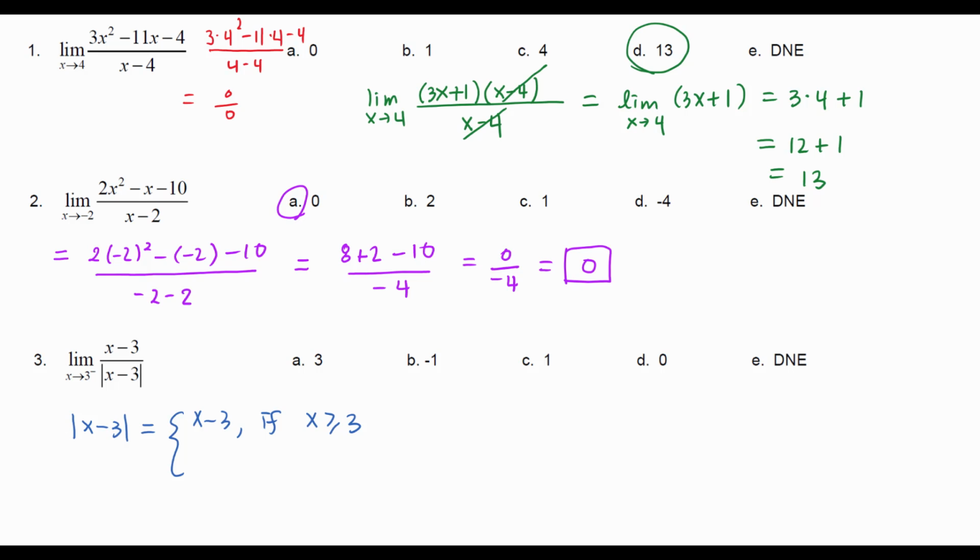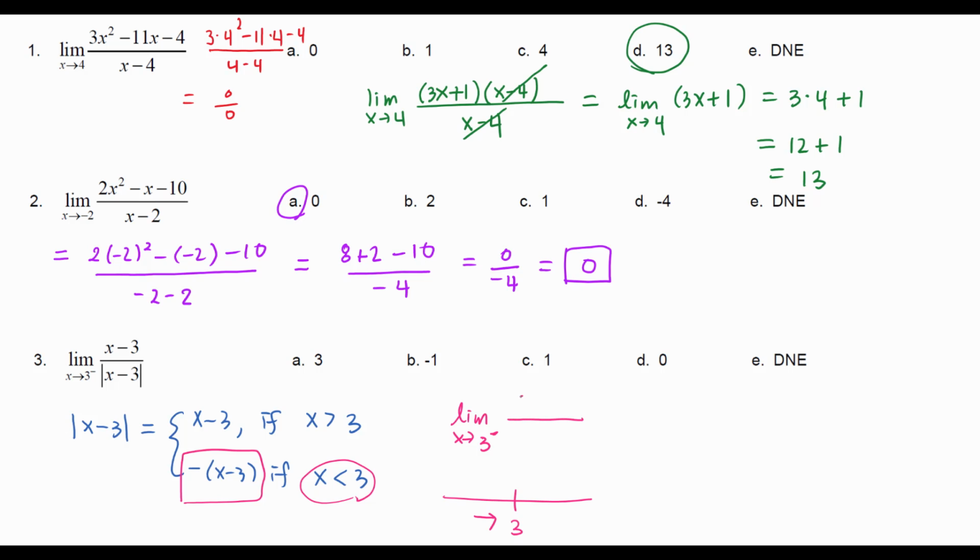So let's get rid of the equal sign, and it will be the opposite of x minus 3 if x is less than 3. Now we are finding the limit as x approaches 3 from the left. So this is a number line and this is 3. 3 from the left is numbers less than 3. Because the numbers are less than 3, we need to apply this piece when we want to get rid of the absolute value.